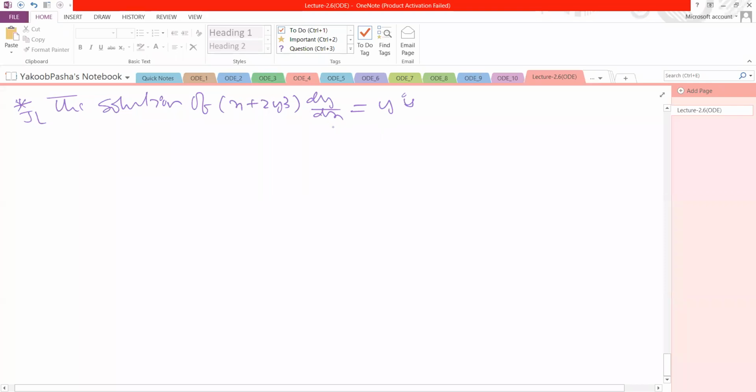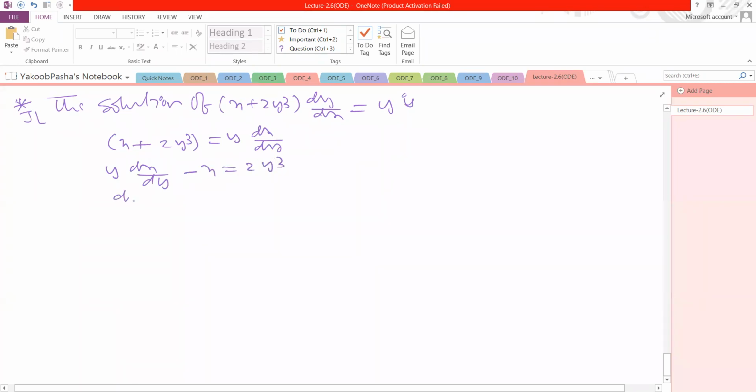It is not in the form of dy by dx plus py is equal to q. So we can multiply the given equation with dx and divide with dy. That means x plus 2y cube is equal to y into dx by dy, and y into dx by dy minus x is equal to 2y cube.